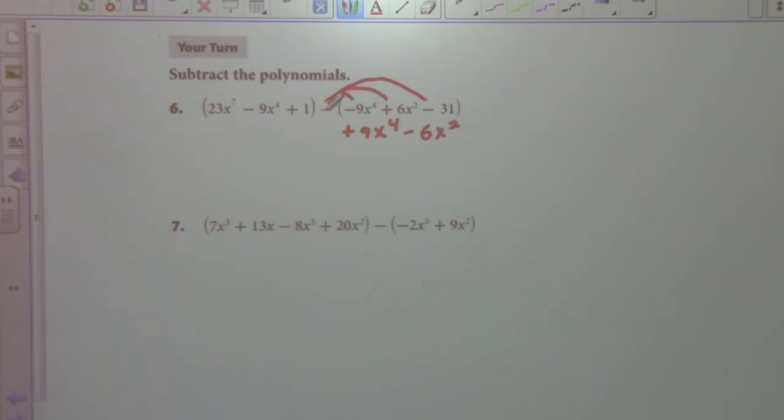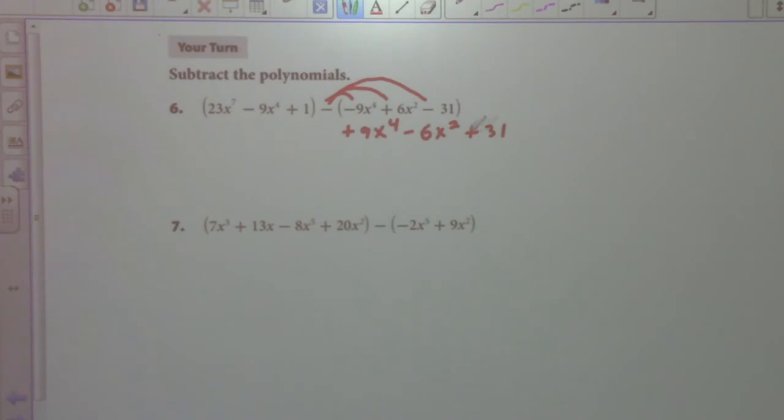And then finally we have negative 31, so that's going to be plus 31. I find it's helpful to do this little translation with subtraction problems, especially when there's a negative sign, because if it's a positive sign, that's not going to be much of an issue, right?